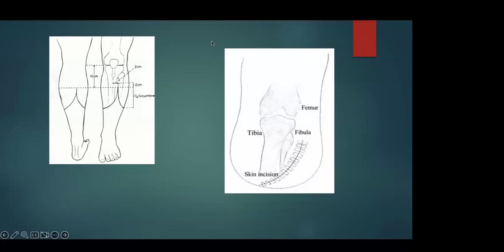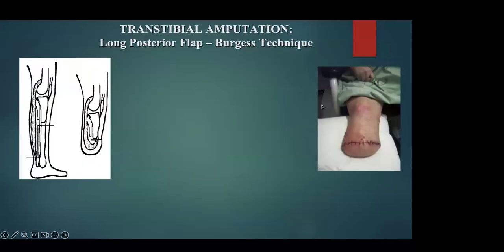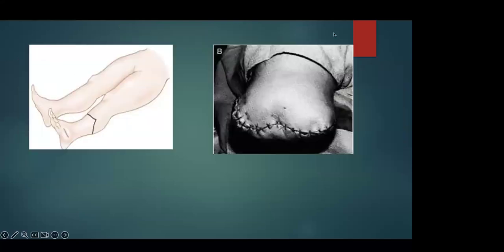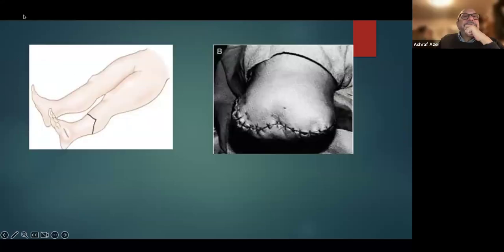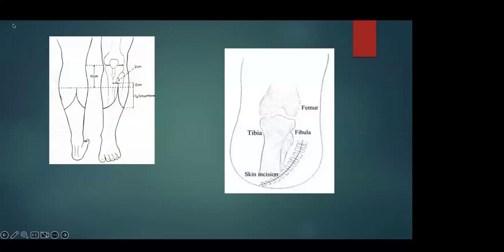So why not 16? It depends on the patient's height. So there are different rules in measuring how long the stump should be. Just give me an example: if I ask you in the exam, what's the optimum length, what are you going to tell me? One third of the leg length.